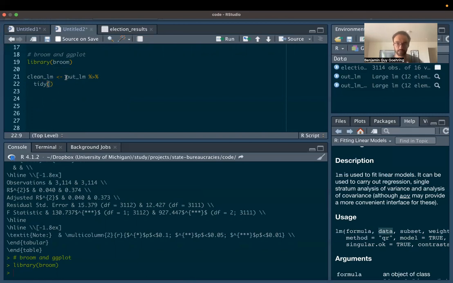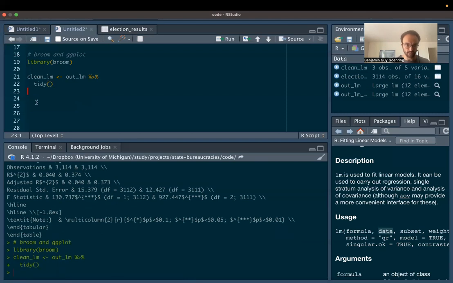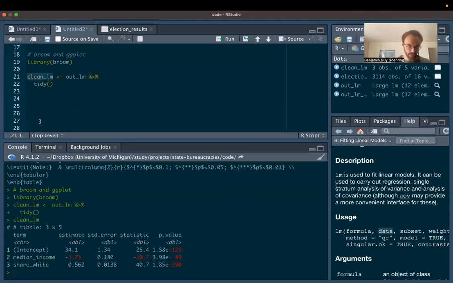And let's tidy it. This tidy function is in Broom. And let's run that and see what it looks like. I've assigned it to this clean_lm object. So check this out. This has taken all of that information about the regression and summarized it into, crucially, a data frame. So rather than being in this kind of weird format that ggplot wouldn't know what to do with, tidy has taken all of it and stuck it all into this really nice, clean data frame that we can now think about plotting.